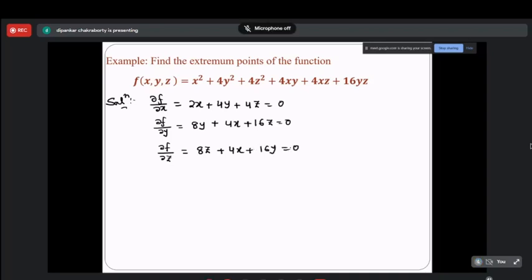Okay. Now, if I ask you, what is the solution of this system of linear equations?